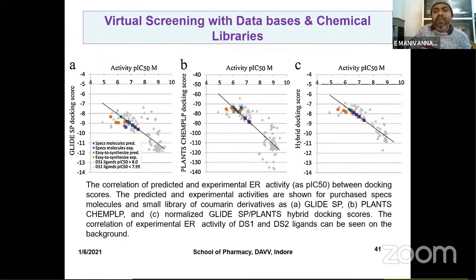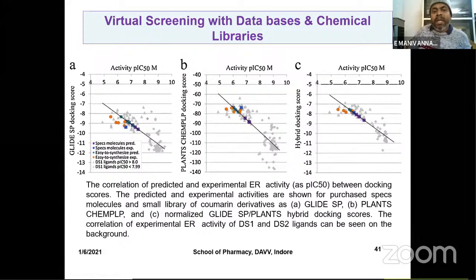That is the disadvantage, and it misses active ligands. In our screening, what we found is it does not recognize all active ligands, which is an essential requirement in the screening process.